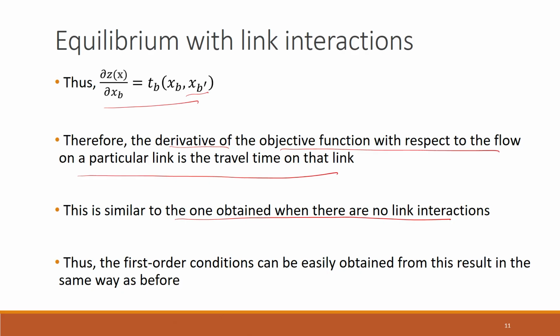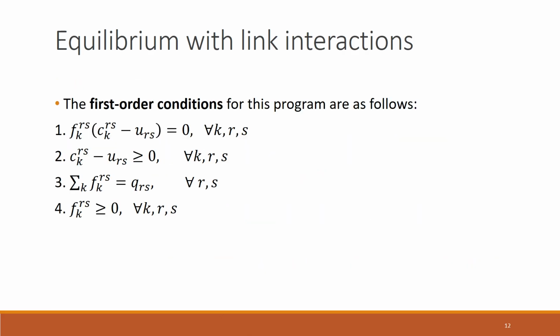Okay. So, therefore, the first order conditions for this optimization program are as follows. These are the same first order conditions that we had seen before. Here the last two are just the normal constraints that we have in the user equilibrium case, okay. That is, the flows on different paths connecting an OD pair sum to the travel demand, and the path flows are non-negative.